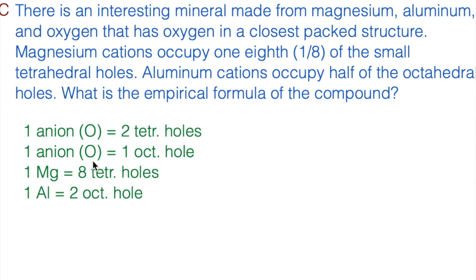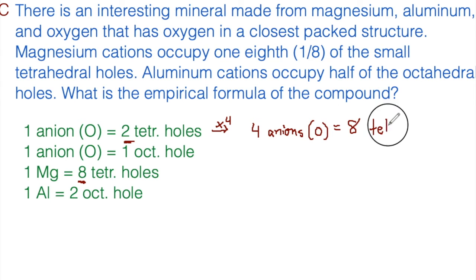So then the next thing I would do is try to make these match. So if we have 2 tetrahedral holes and we have 8 tetrahedral holes here, I would go ahead and multiply this by 4. And then I know that I have 4 anions, which is oxygen, for every 8 tetrahedral holes.